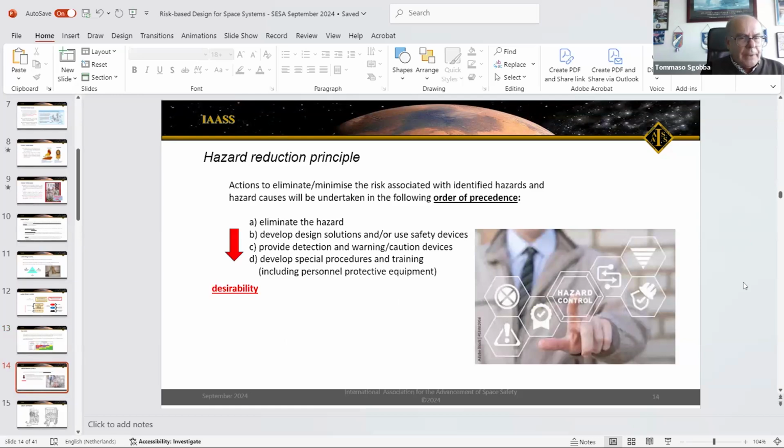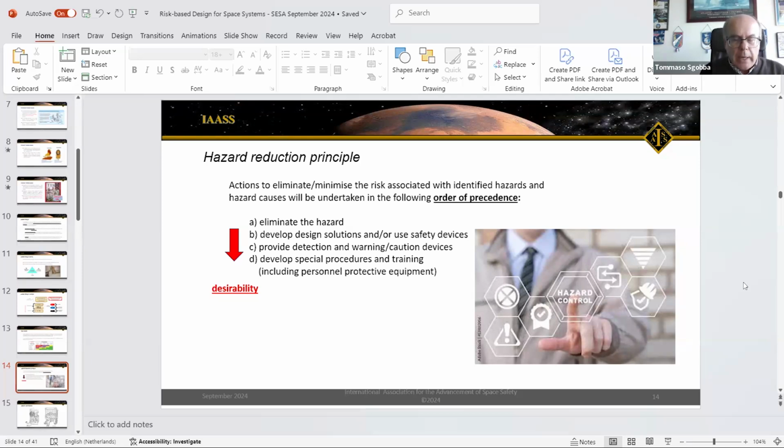Having identified the hazard causes, now is time for you to start working on putting the hazard under control. As I told you at the very beginning of this short exercise today, you cannot reach absolute safety.